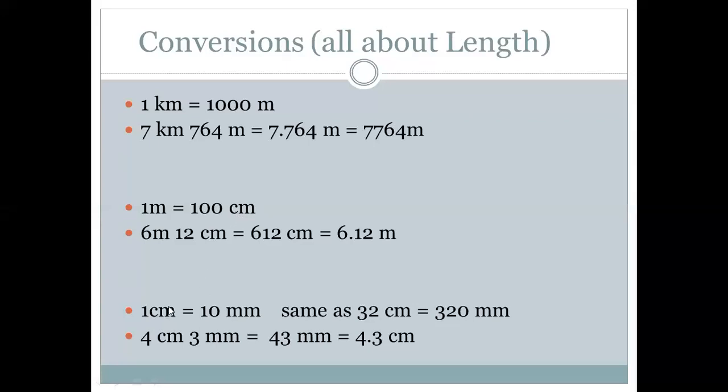Good job. And then what about 1 centimeter? 1 centimeter equals 10 millimeters. So I use centimeters to measure what? To measure short things, for example, the sharpener, my book, my stapler. These are all things measured in centimeters.